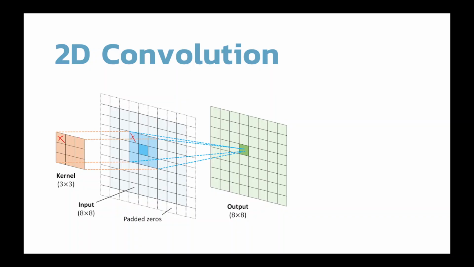So this point goes through this point, and they do the multiplication with each point like that. Then everything gets summed into just one pixel in the output image. So each scan produces each pixel in the output. That's how we do the convolution in image processing.